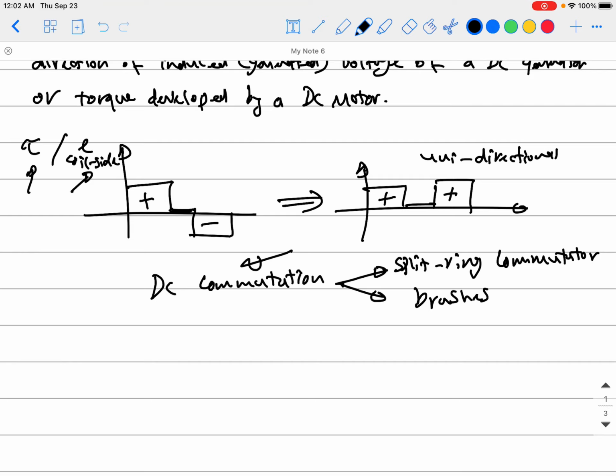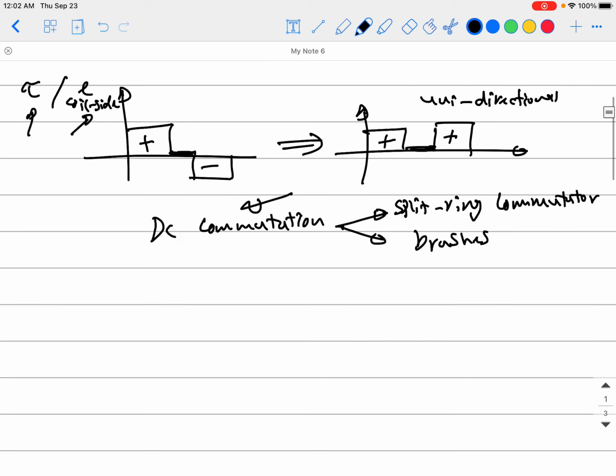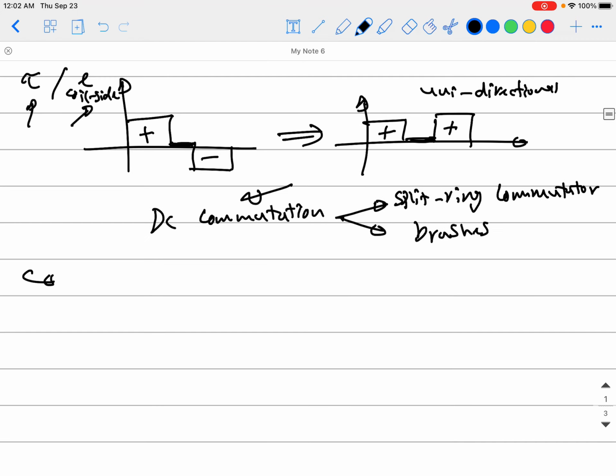But the problem of these zero periods we didn't solve. We solved these zero periods by using a higher number of coils in the rotor.